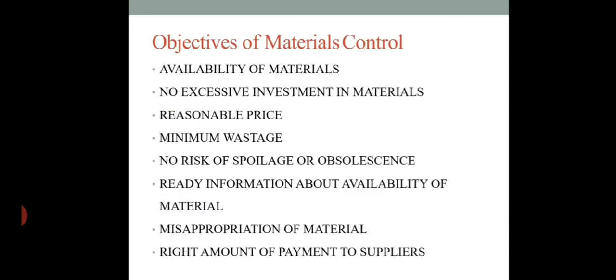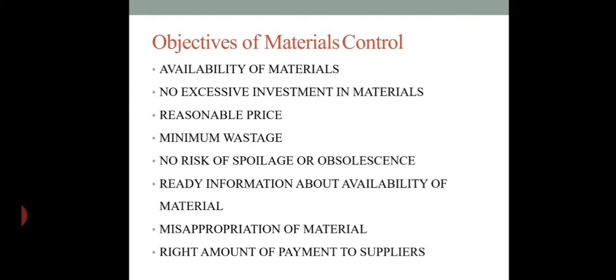And the next one is objectives of the material control. First one is availability of materials. There should be availability of all types of materials in the factory, so that the production may not be held up for want of materials. And no excessive investment in materials.